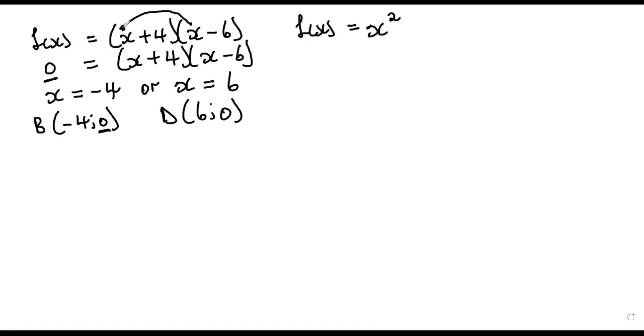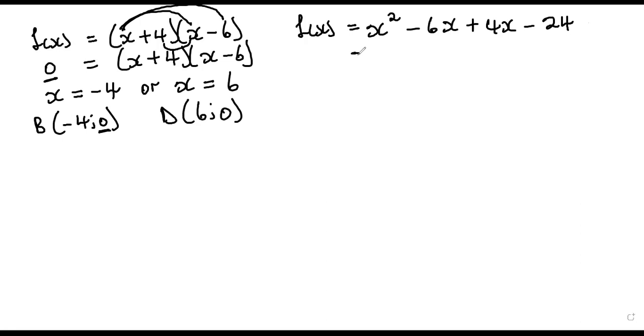And then x times -6, we get -6x. And then 4 times x, we get +4x. And then 4 times -6, it's just going to be -24, right? Yeah, 6, 12, 18, 24.